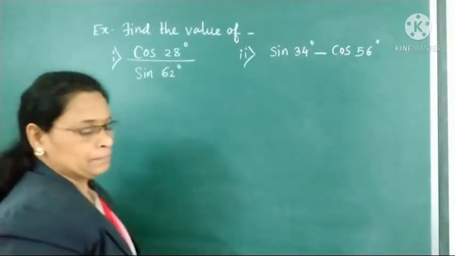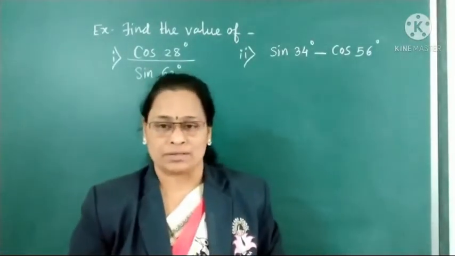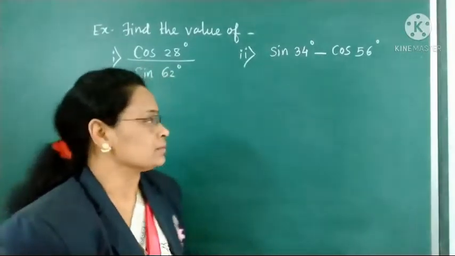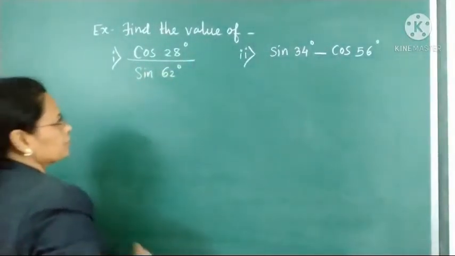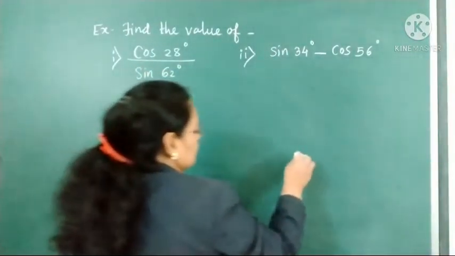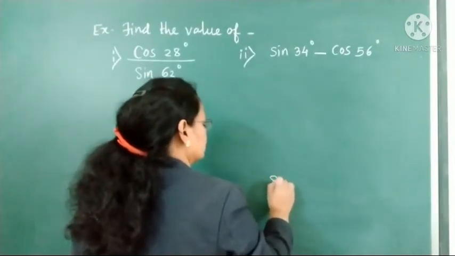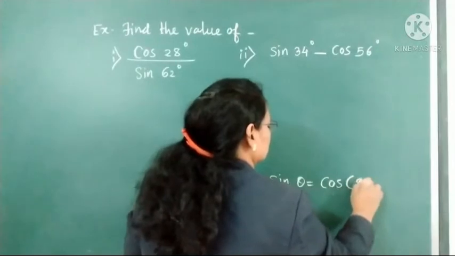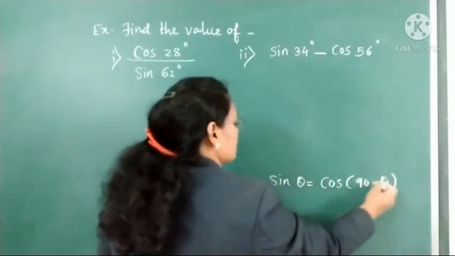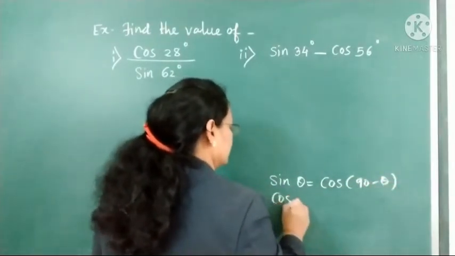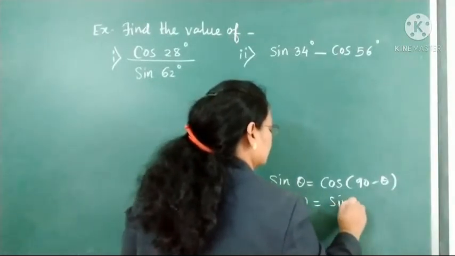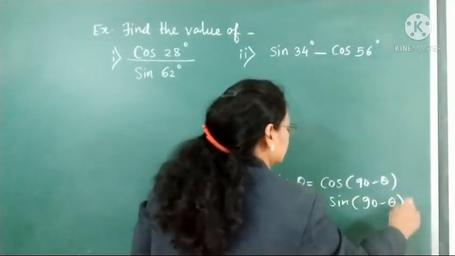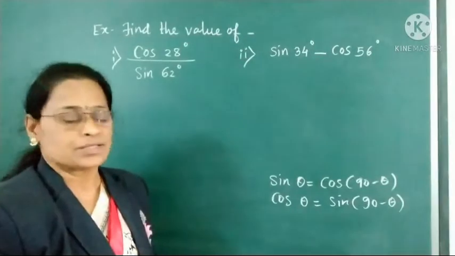So we will use here the relation between the trigonometric ratios of the complementary angles. As we have learned for sin and cos, what is the relation between them? Let's remind ourselves. Sin theta is equal to cos 90 minus theta and cos theta is equal to sin 90 minus theta. These two relations we have learned.